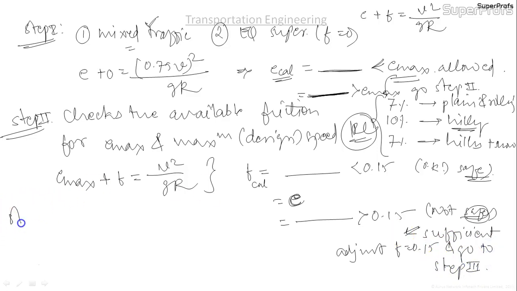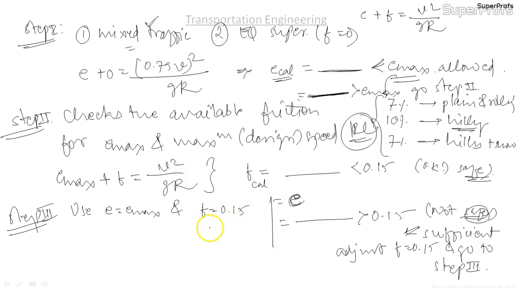So step 3 will be to use e equal to e max and f equal to 0.15, or whatever value is given, and reduce the speed on the curve, that is, limit V. Here the formula will be e max plus 0.15 equal to V square upon gR. g is known, R is known, e max is known, and this value is also known.